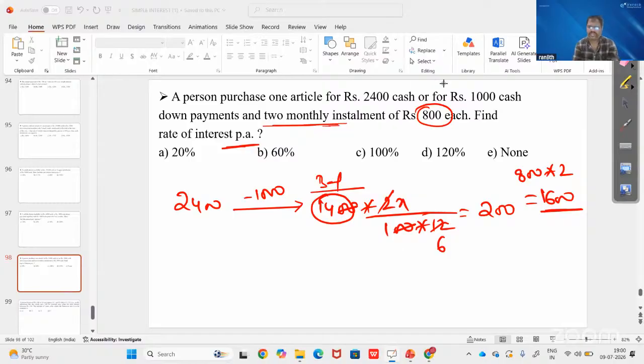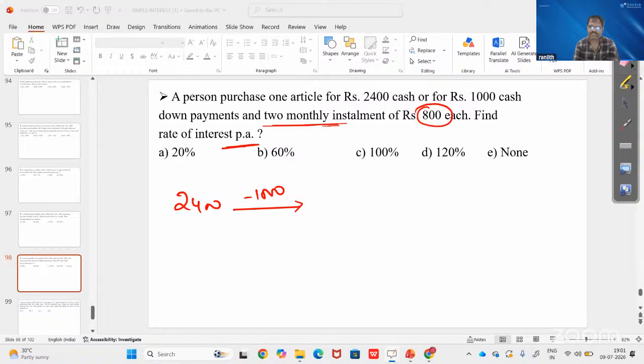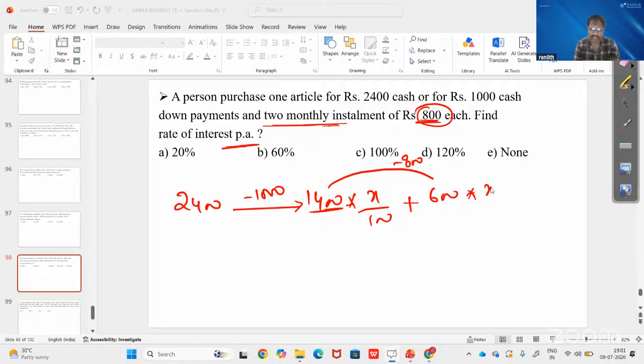Okay, 2 monthly installments, right? Second, it is 1,400 into x by 100. On that 1,400, 800 is paid, so 1,400 minus 800 equals 600 into x by 100. The remaining extra he is paying: 800 and 800 is 1,600, so 200 rupees extra.